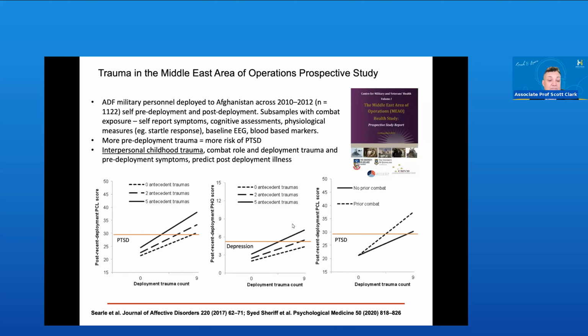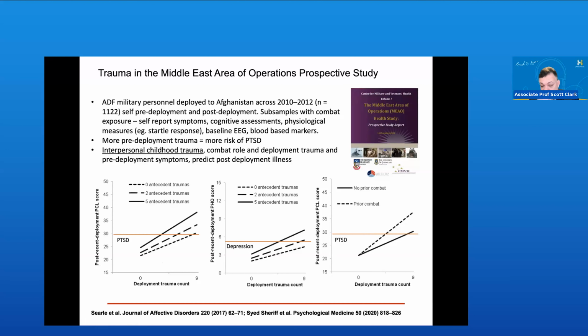rates of PTSD. And we can see here in these graphs that these separate lines, on the x-axis, we have a range of different scales for PTSD, depression, again for PTSD, and people with more trauma, more episodes of trauma at baseline were much more likely to reach criteria for PTSD or for depression than those that had less trauma.